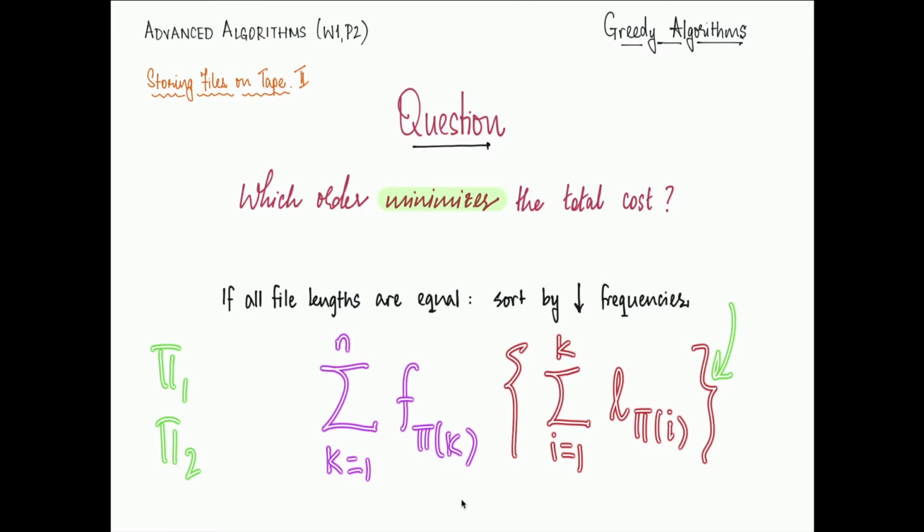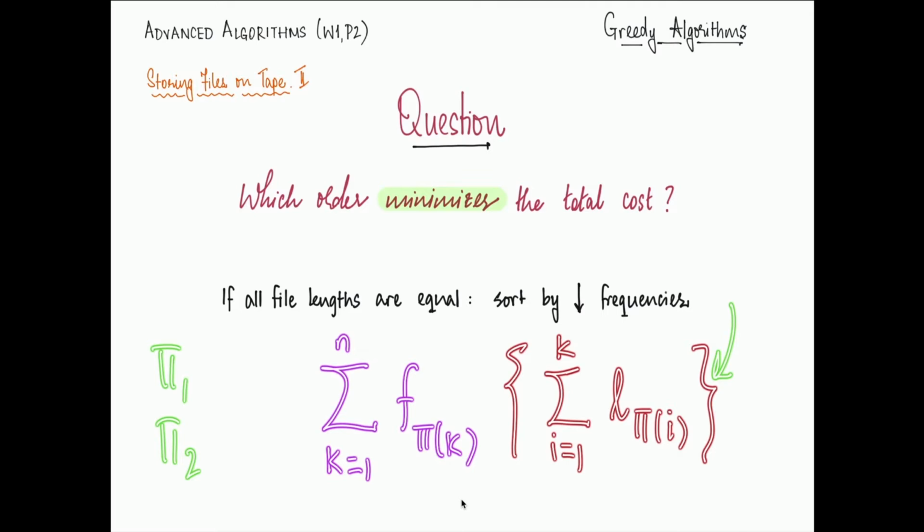So you can really think of the ordering as supplying a fixed set of weights to the files as you go along. Specifically, the first file will have a weight of s if s is the common file length of all the files. And the second file in the ordering will have a weight of 2s. The third file will have a weight of 3s, and so on.